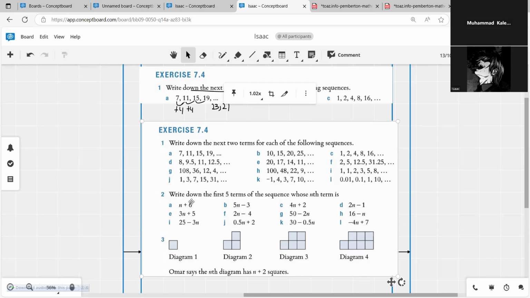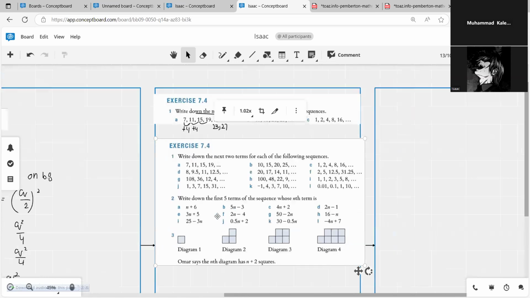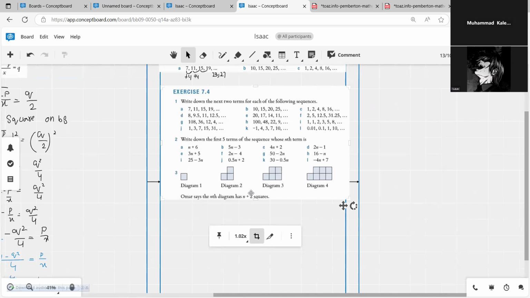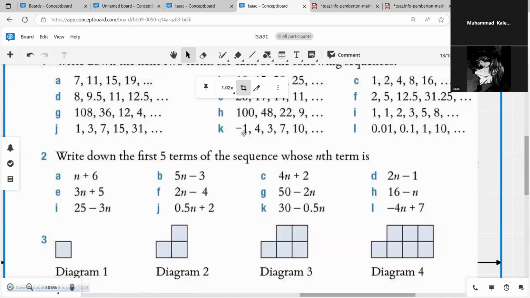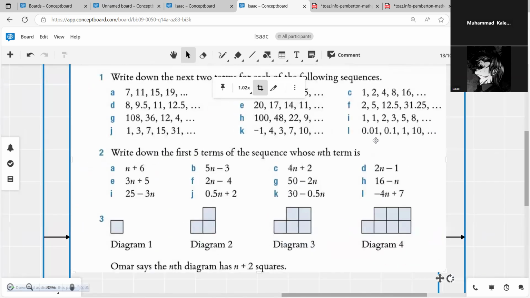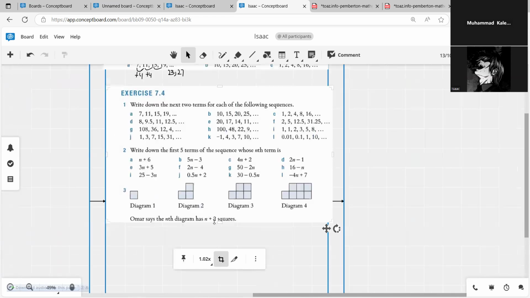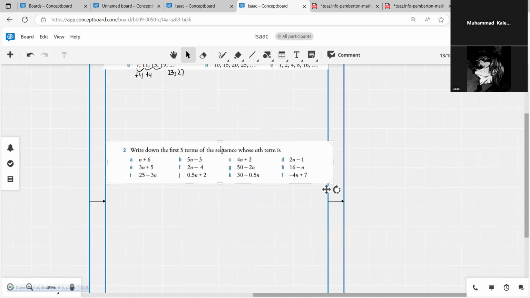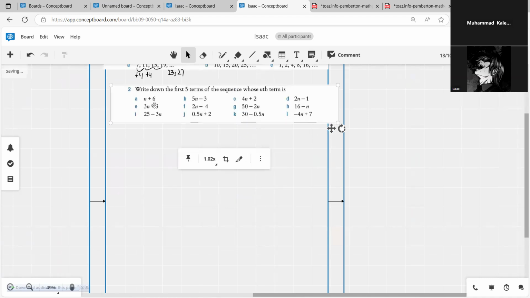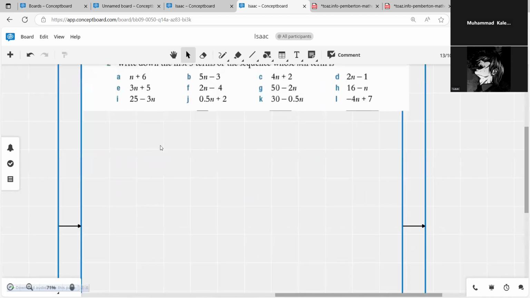Okay, write down the first 5 terms in question number 2. I'm going to skip all the parts of question number 1 because it's very easy. You can easily find the pattern, then use that pattern to find the next two terms.